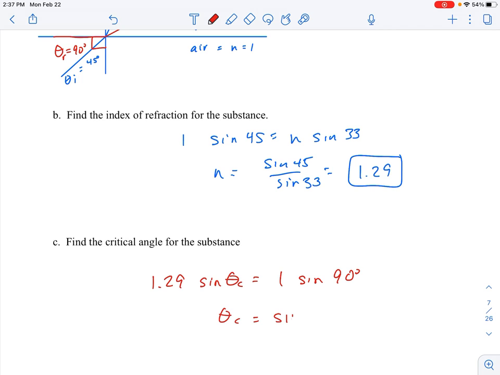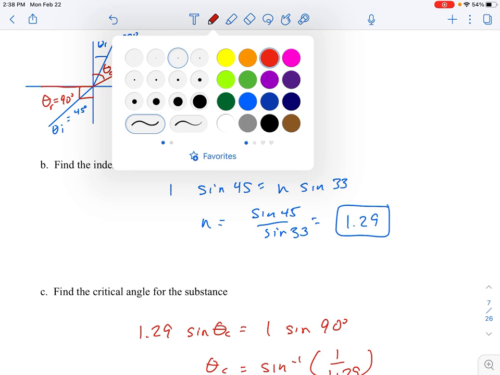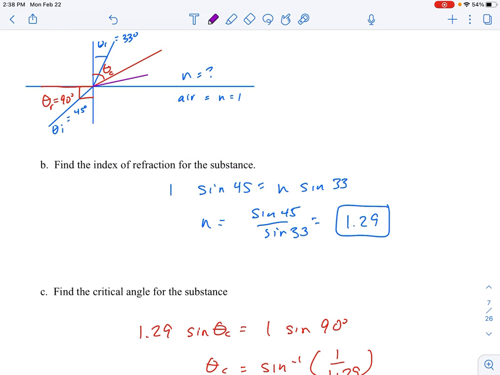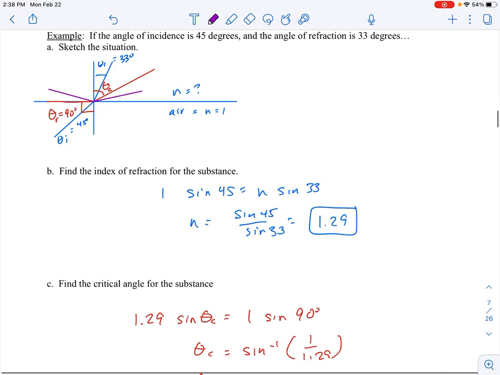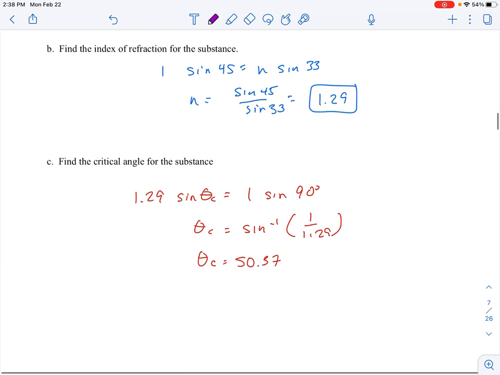So the critical angle is going to be the inverse sine of 1 over 1.29, and I get 50.37. If I go past that with my beam of light, the light stays inside of the substance. All right.